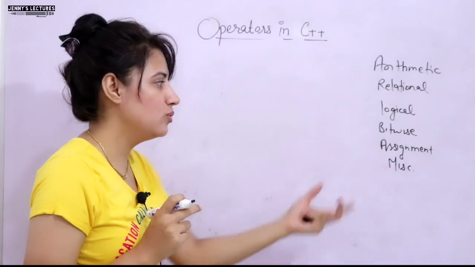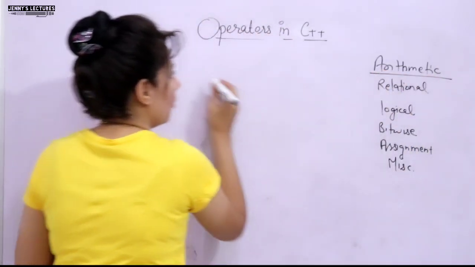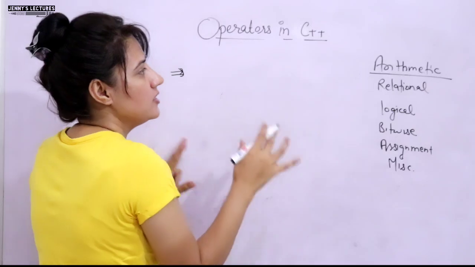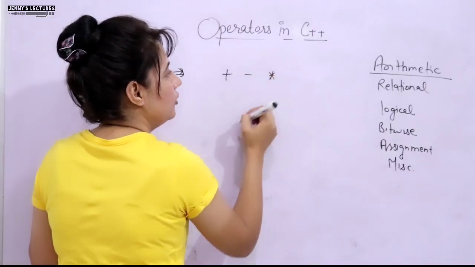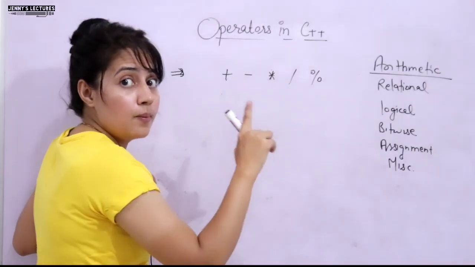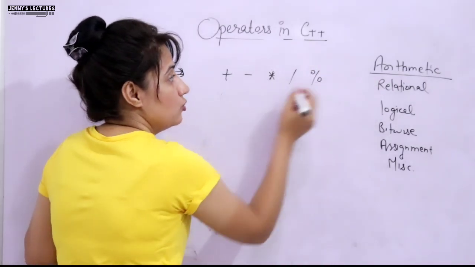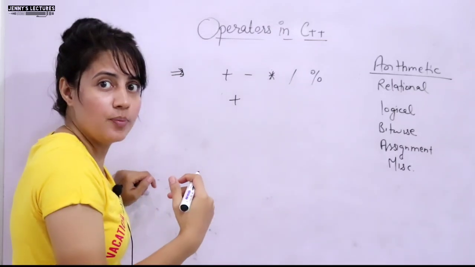Some operators come into the miscellaneous category, those also we'll discuss. First we'll discuss arithmetic operators. I guess these are very simple. Arithmetic operators are plus, minus, multiplication, divide, modulo. Plus 2 more types of operators come into arithmetic, that is the increment and decrement operators.